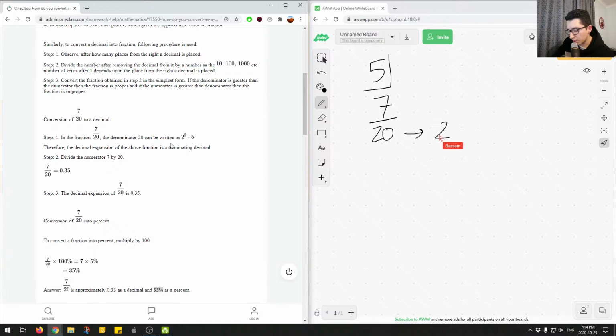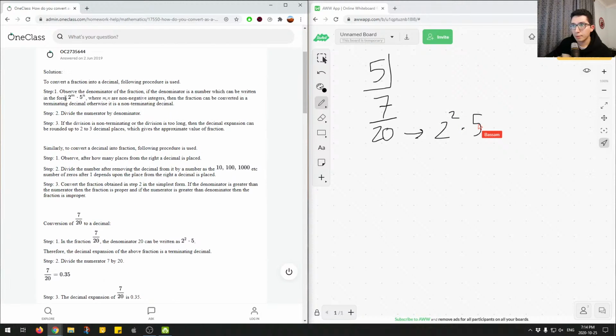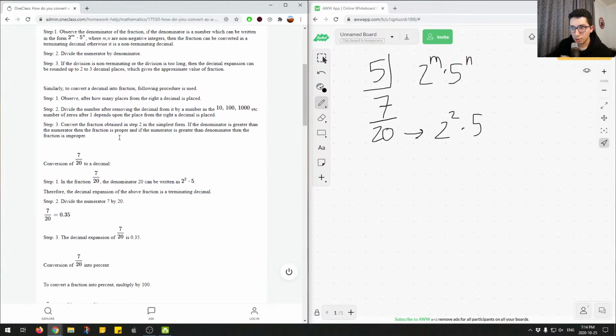Going back up here, I'll write this up top: 2^m times 5^n. We can see that we've put it in a format where this is true. Therefore, we have a terminating decimal.